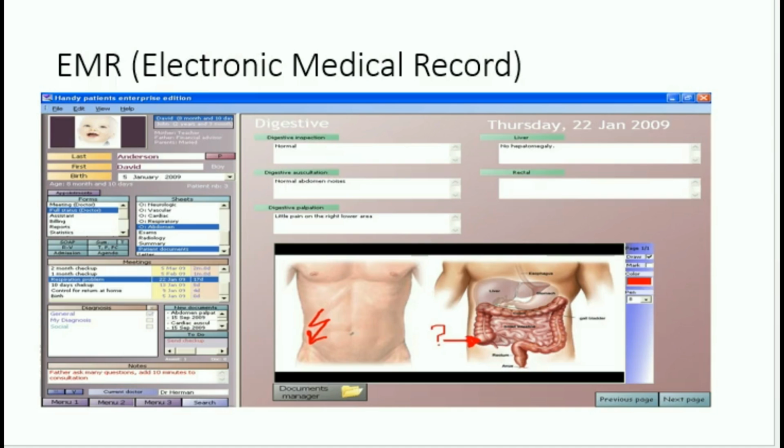Okay, so then what are some of the uses then of your EMR database? Well, one of the most common uses would be to be able to populate the patient's diagnosis and all their previous office visits.